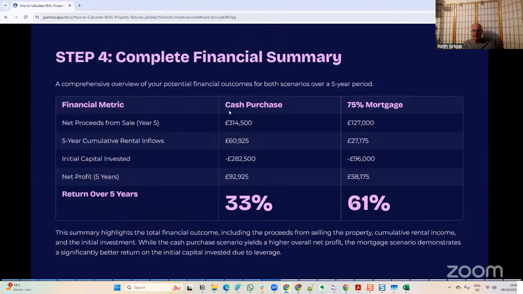So you see in scenario 1, you do actually make more profit in absolute terms, because you get a higher rental inflow since you don't pay any mortgage interest. But you did pay a lot more money, maybe about 3 times as much in your initial capital invested.